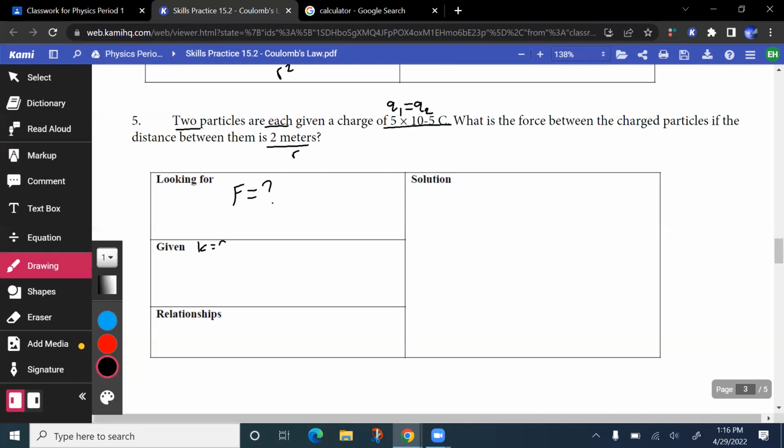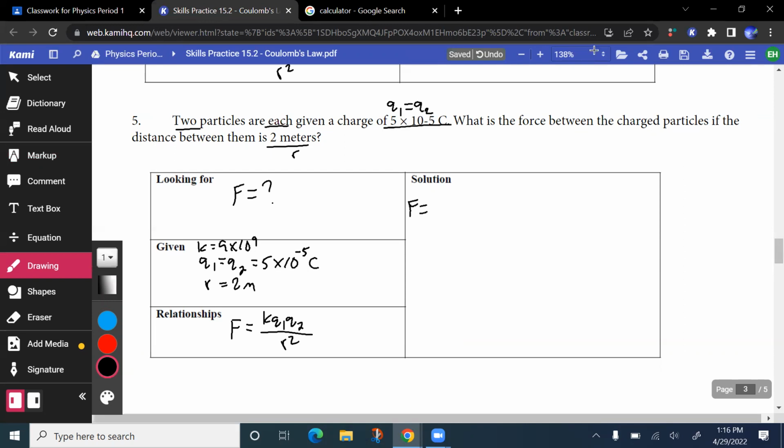So K is 9 times 10 to the 9. Charge 1, which equals charge 2, is 5 times 10 to the negative 5 coulombs. R is 2 meters. F equals K times Q1 times Q2 over R squared.